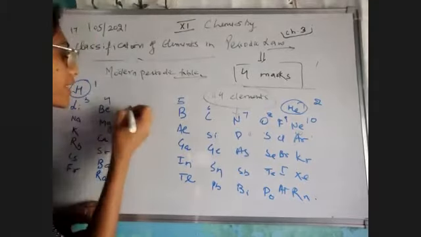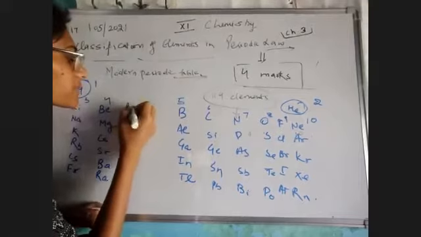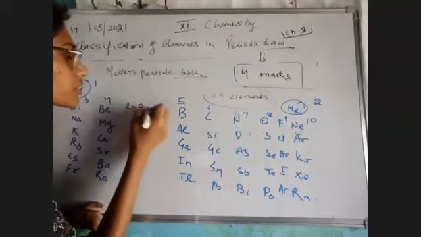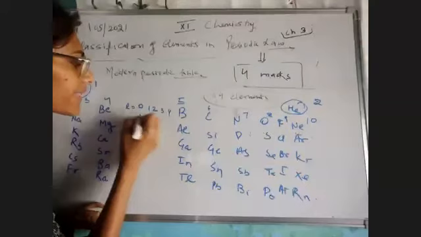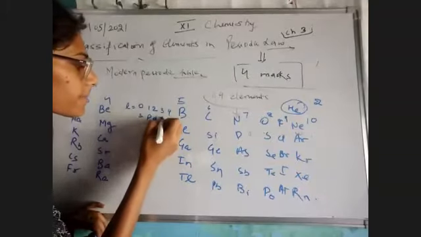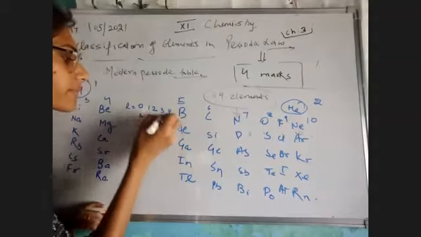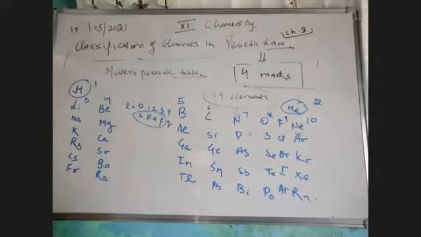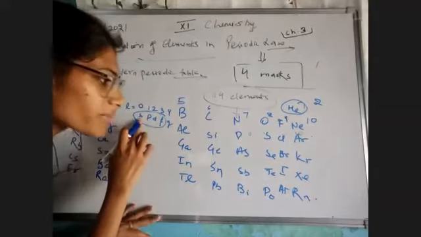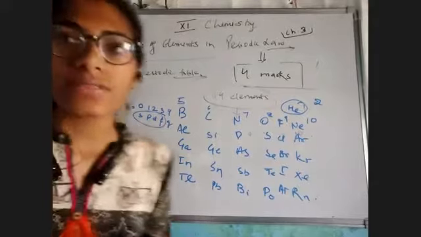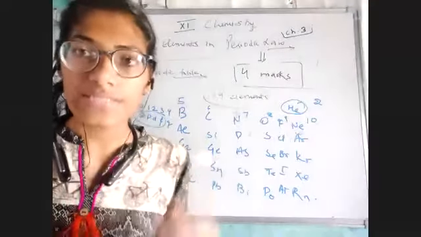We know very well that we have put some quantum numbers like L equals 0, 1, 2, 3, 4, which correspond to s, p, d, f, and so on. So if our atomic shell is with s, this is known as s elements.